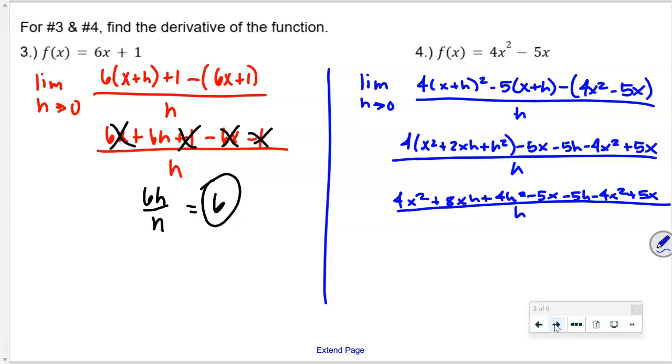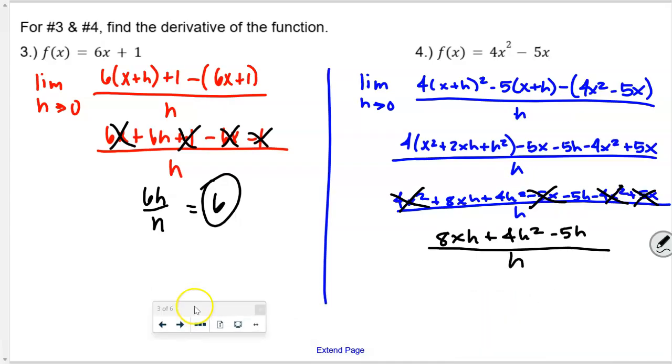So I'm seeing some things that are going to cancel out. 4x squared, negative 4x squared, right there. Then we've got our negative 5x and a 5x. So then I got 8xh plus 4h squared minus 5h, all over our h.